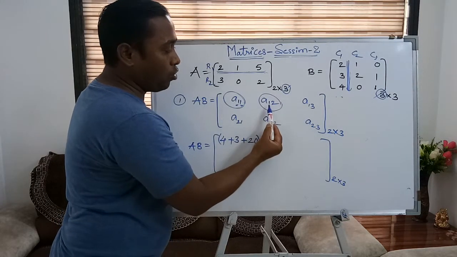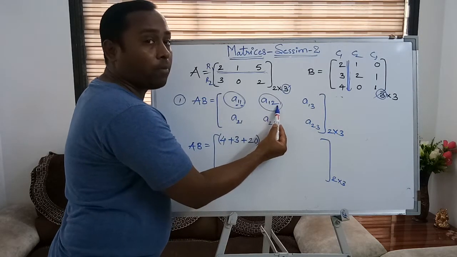Similarly, A12 means first row, second column.